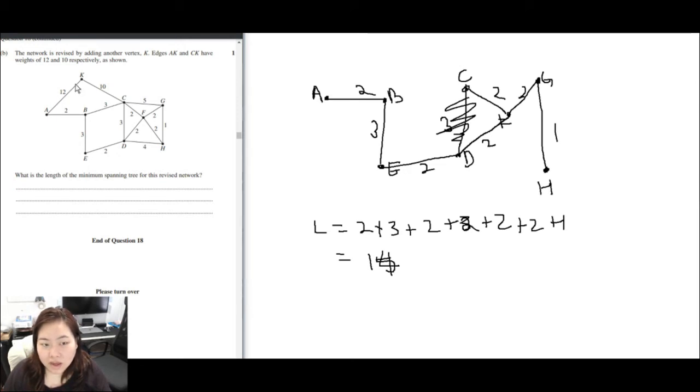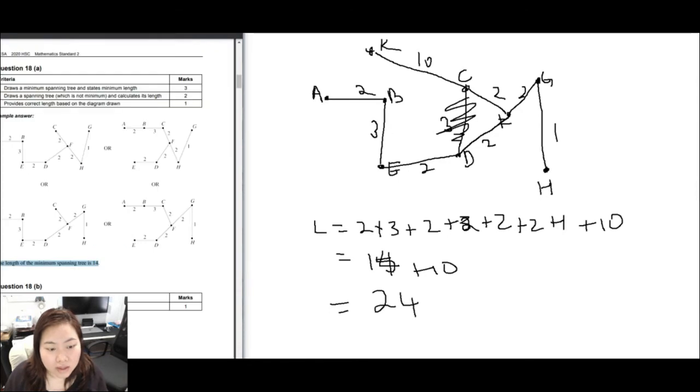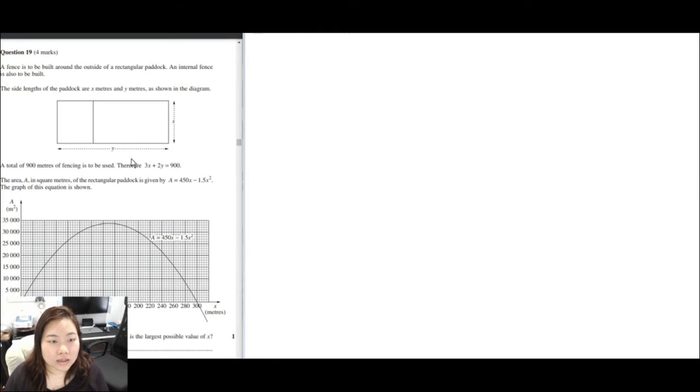Well, I don't want to add 12, so I want to add the 10. So I would go here. K, 10. So then the new length would be 24. Right? Yeah. Whew. Okay, got it. 19.